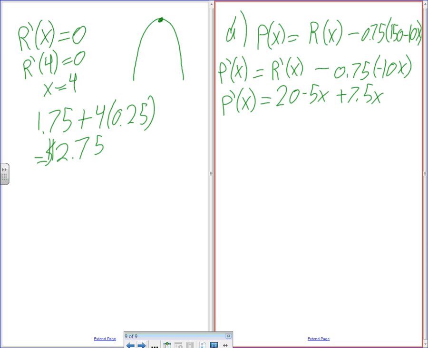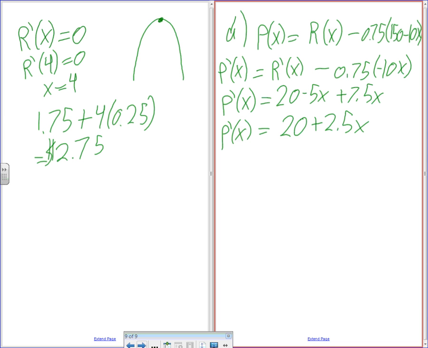Okay, so you can see what Michael's doing here, because it's very powerful. He knows that the profit is going to be revenue minus that new function, so the change in profit is going to be the change in revenue with the derivative of the new function added on, so it speeds up the process a little bit.